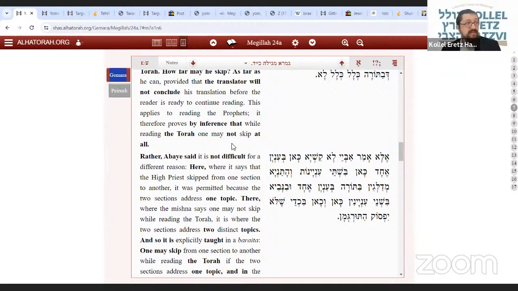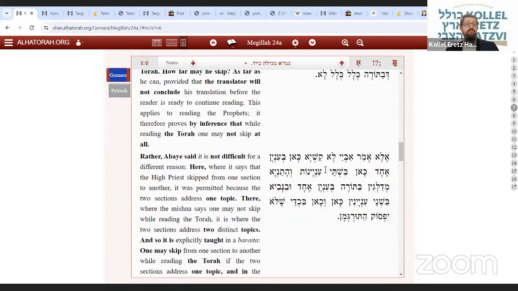And you're allowed to do it because in Navi you're allowed to skip around. However, you can only skip around in Navi, from the times of the Gemara, if the verses that you're skipping to are close enough to each other that it's not going to take up time from the tzibur, the congregation, waiting for you to roll the Sefer.